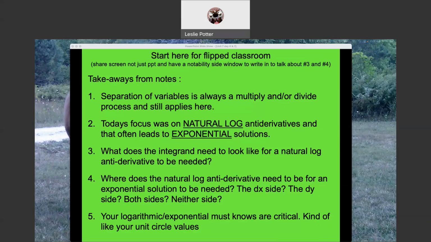This needs exponentiation in order to get the y to be solved for. And so this is an absolute value. This means just y equals, because e to the ln is an identity that brings the y down in front. And then this is e to the x squared times e to the c.